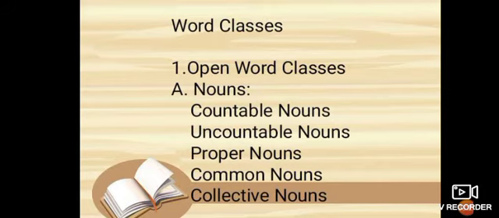These are: number one, countable nouns; second, uncountable nouns, which may be called mass nouns or material nouns; third, proper nouns; fourth, common nouns; and lastly, collective nouns. Then we can analyze them in detail in the following manner.